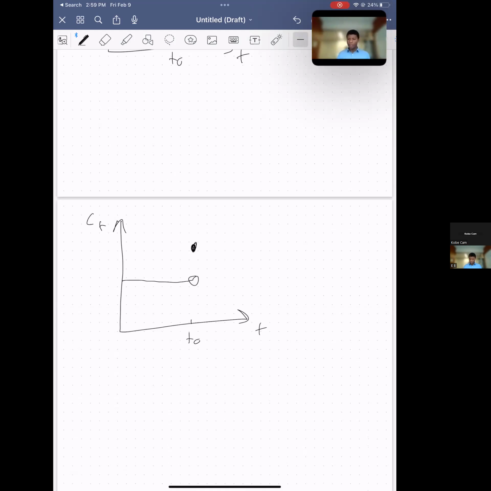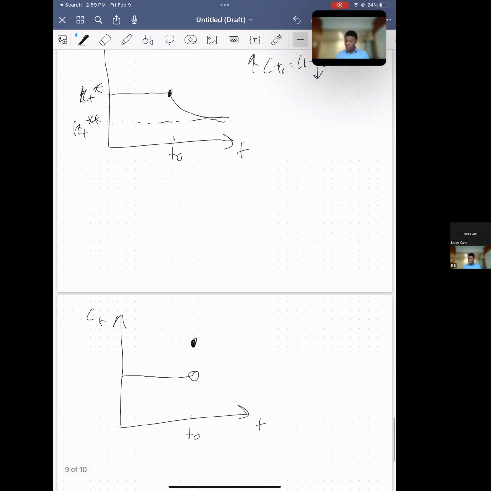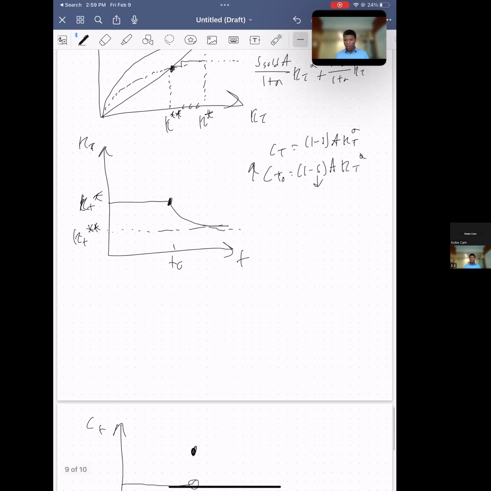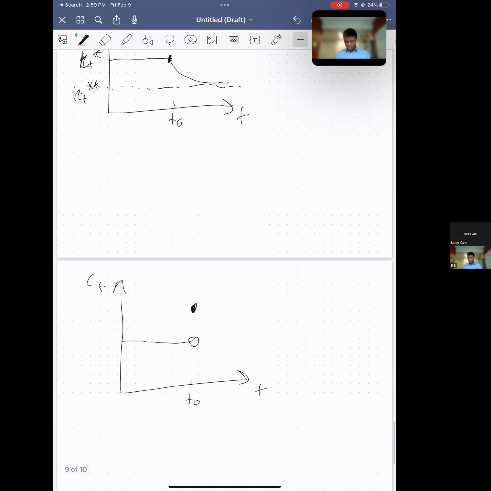Okay, then what happens next? Right, and this is where it kind of gets interesting. So first off, by definition of the savings rate, by the definition of S gold, we know that our steady state for consumption should be greater than it was previously, because we started at some point that was not at S gold, and we've moved to S gold.